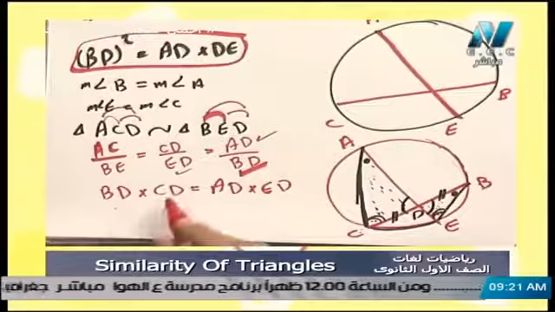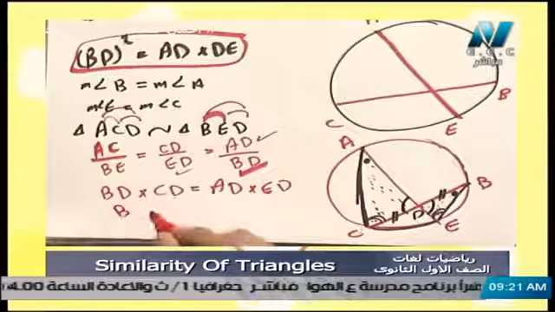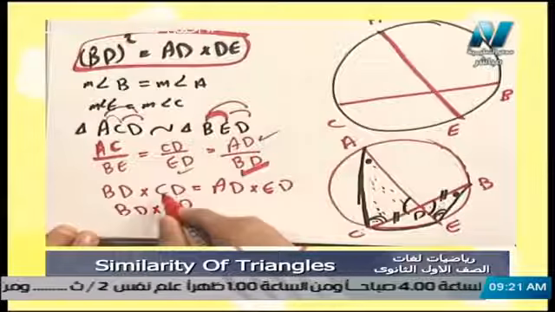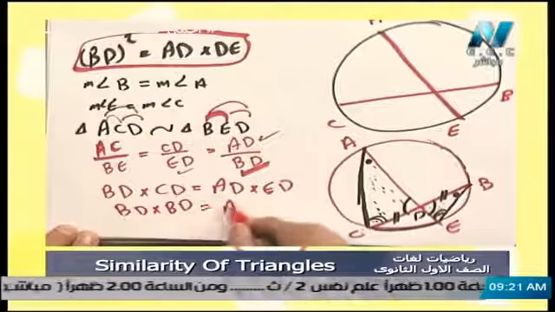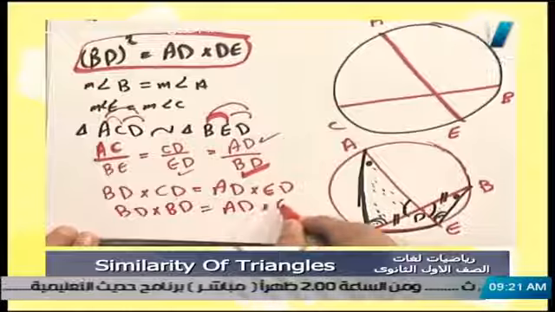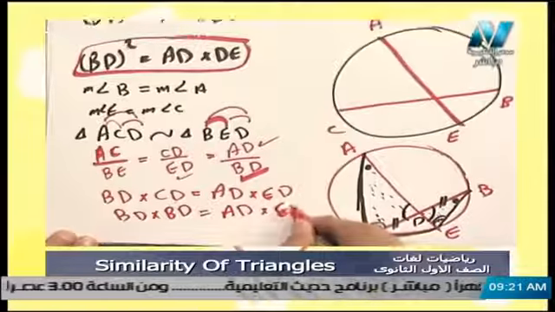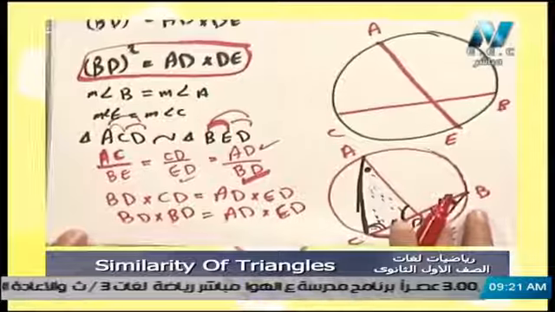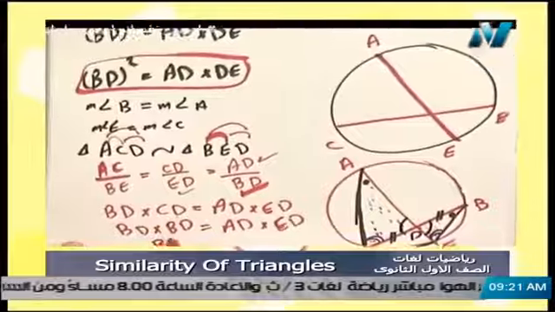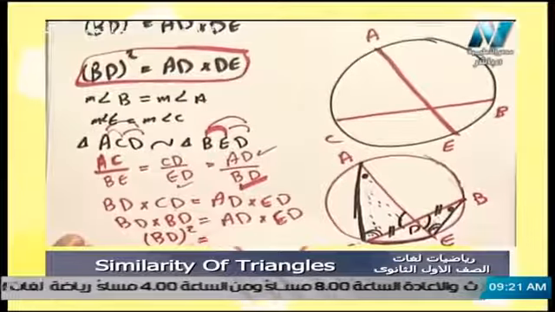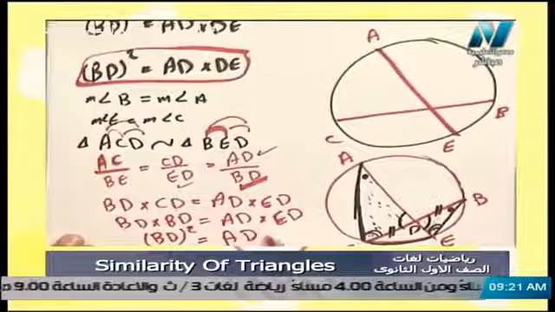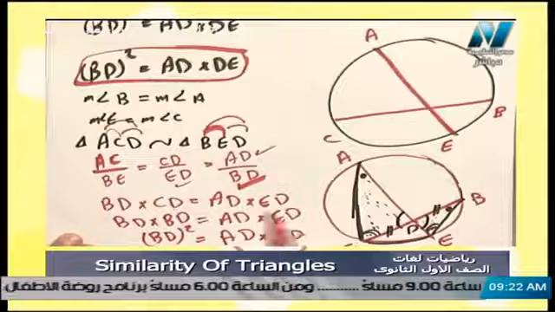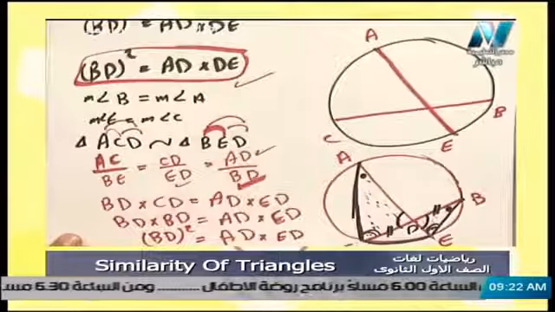So BD equals CD. We can write BD times BD also, because CD equals BD, equals AD times ED. BD multiplied by BD, of course, will be equal to BD power 2. So it's equal to AD multiplied by ED as the request here.